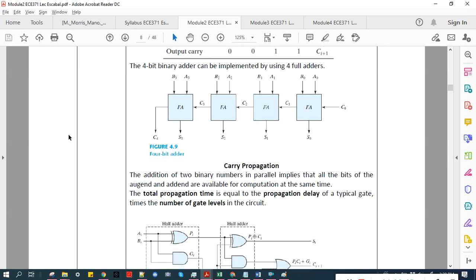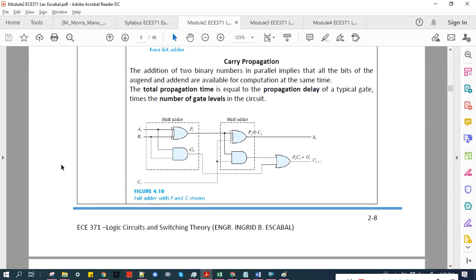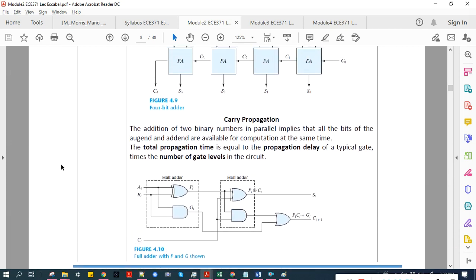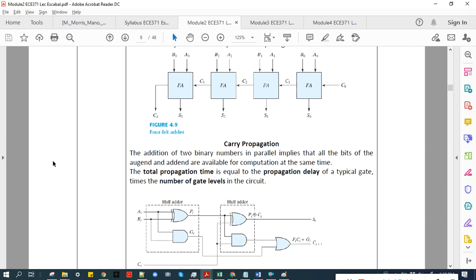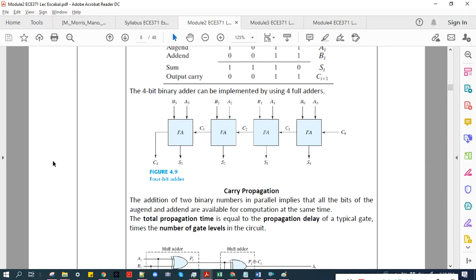Now let's try to analyze how the carry is being propagated. The addition of two binary numbers in parallel implies that all the bits of the augend and addend are available for computation at the same time. The total propagation time is equal to the propagation delay of a typical gate times the number of gate levels in the circuit. From the previous discussion, we assumed that this carry is readily available to the next circuit.